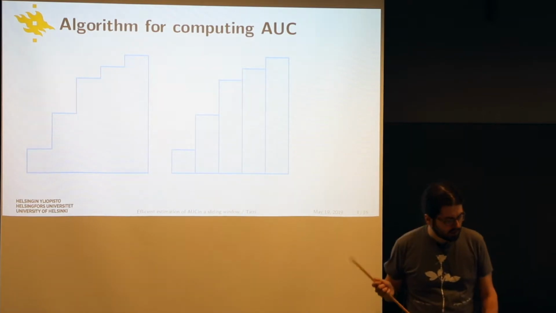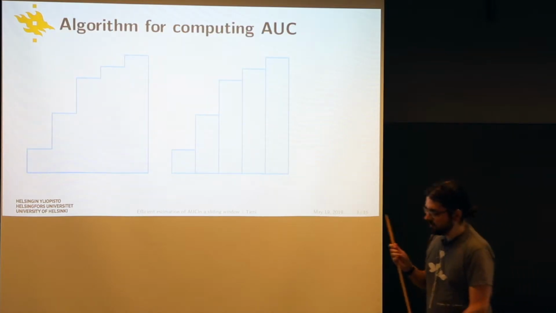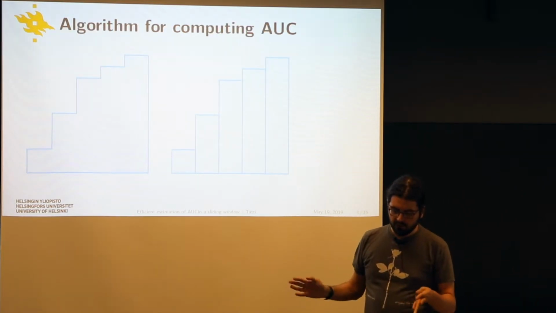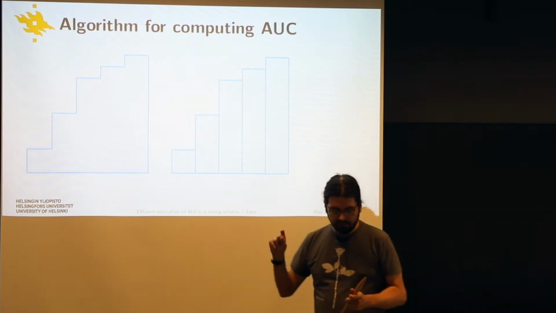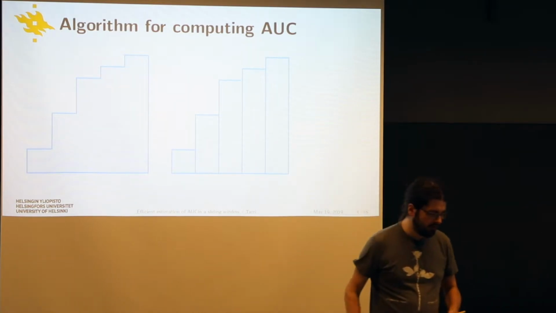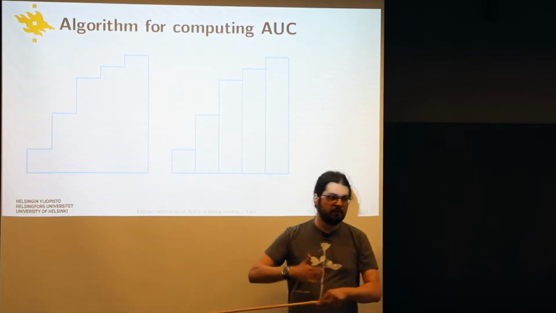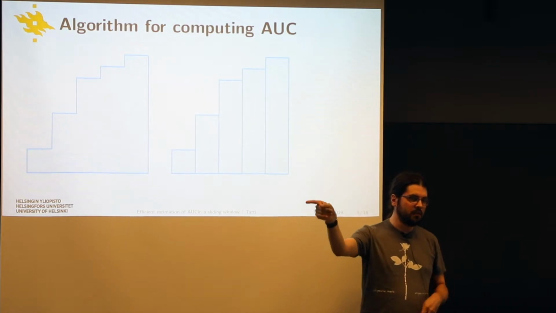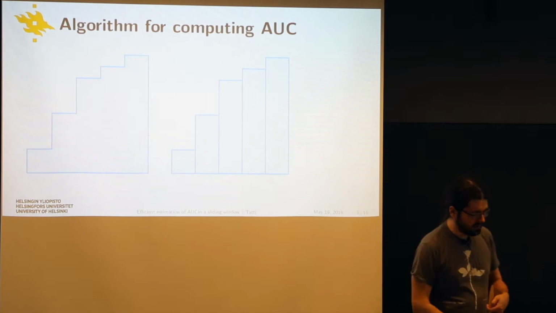Right. So if you have this data, k data points, k pairs of scores and labels, how do you actually compute this area? You sort by the score, then construct the actual line, and from that line you compute the AUC.